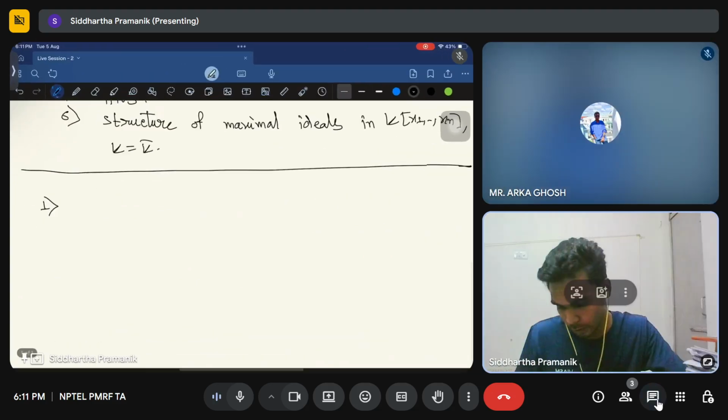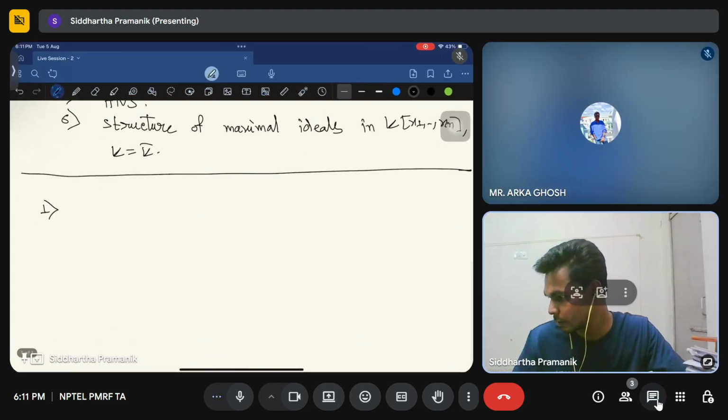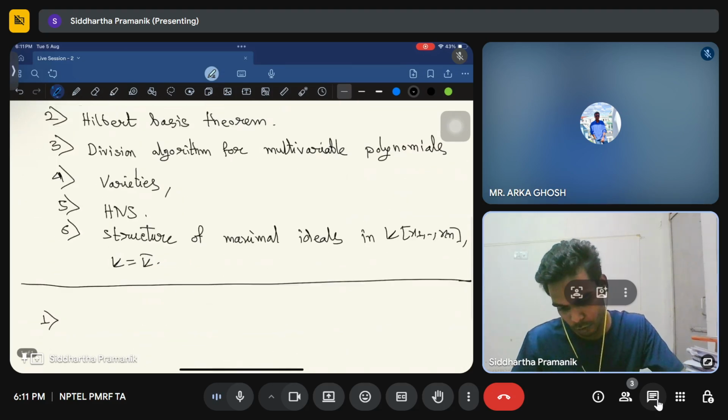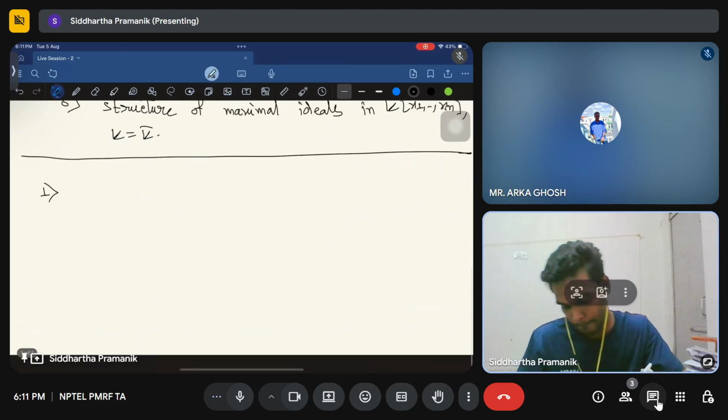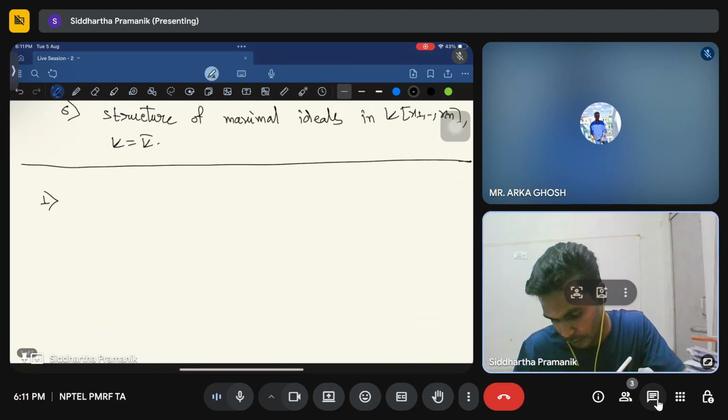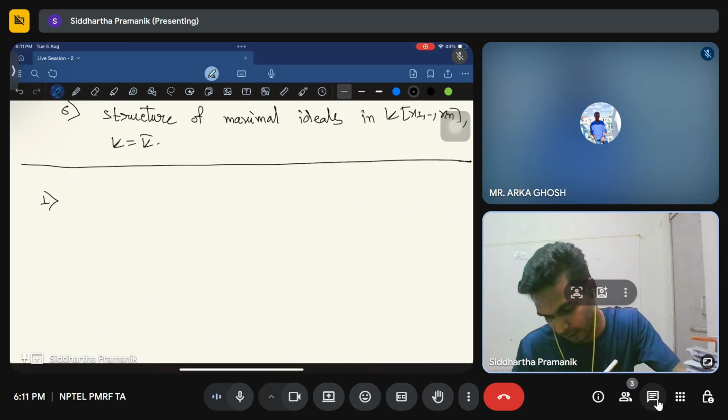Okay, so the first problem is basically I will list some properties about initial terms of polynomials. First let me write down the setup.